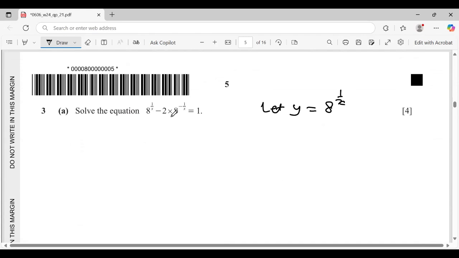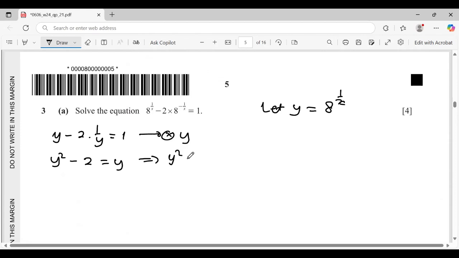Then this equation becomes y minus 2 times 1 over y equals 1. Multiplying by y becomes y squared minus 2 equals y. So this equation becomes y squared minus y minus 2 equals 0. So a equals 1, b is minus 1, and c is minus 2.